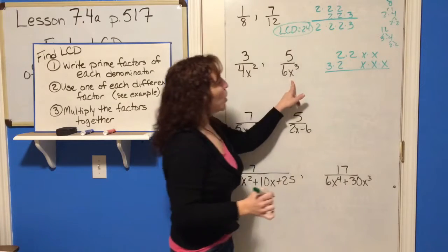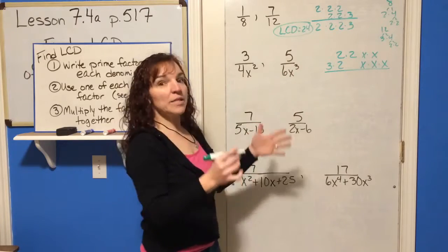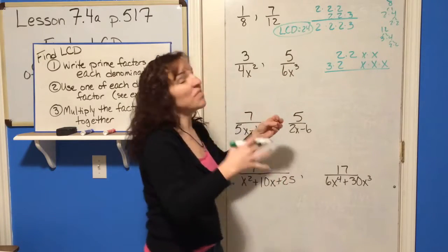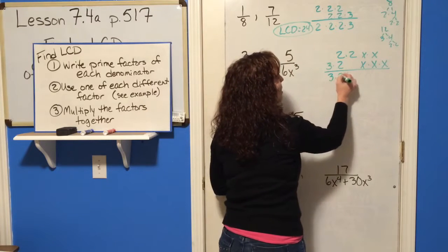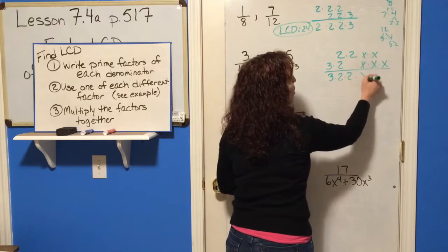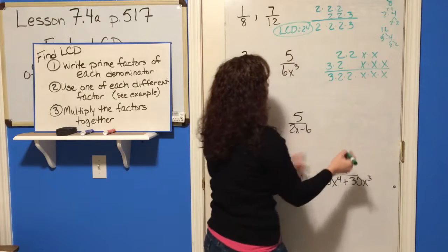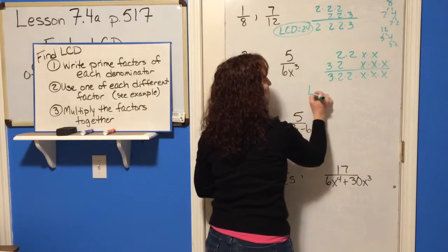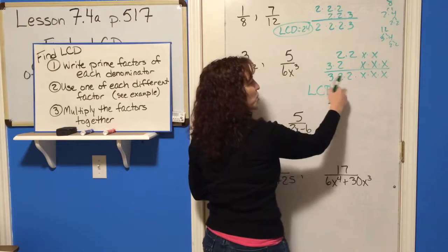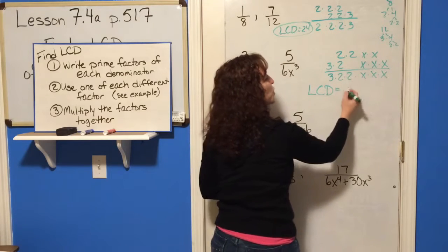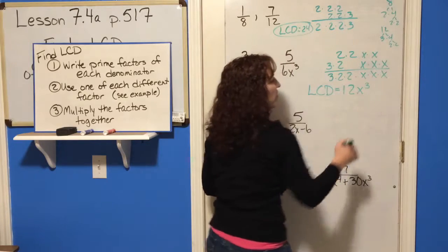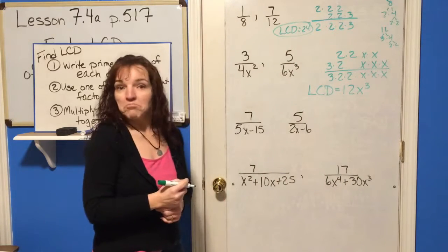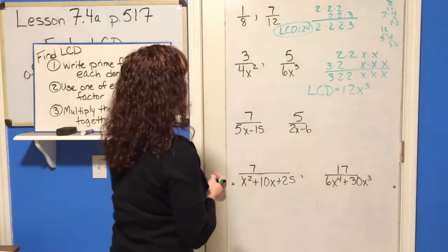So now, when we find the least common denominator, it's going to be the smallest one that has all of these involved. So I've got a 3, I've got a 2 and a 2, and I've got 1, 2, 3 x's. So the LCD here is 3 times 2 is 6, and 6 times 2 is 12. x, 1, 2, 3 of them, 12x cubed. Easy sneezy, right? No problem.